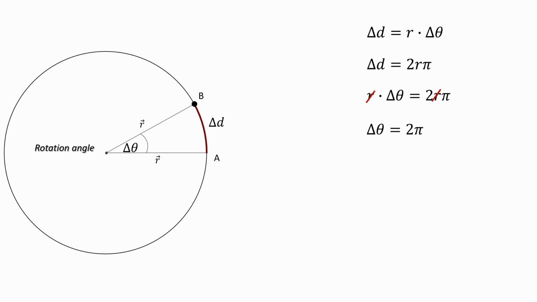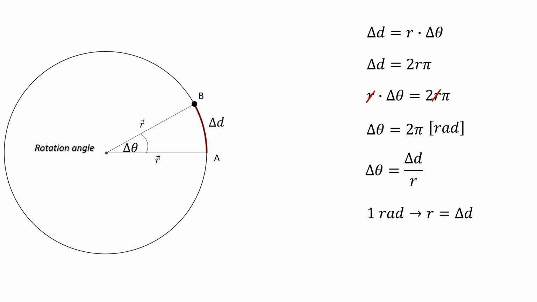This new unit of angle measurement is known as radian, abbreviated as rad. As the angle delta theta is the ratio of the distance traveled, delta d, to the radius r, when the distance covered is equal to the radius, the rotation angle is 1 radian.